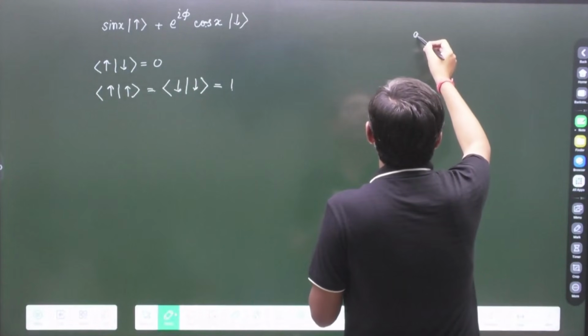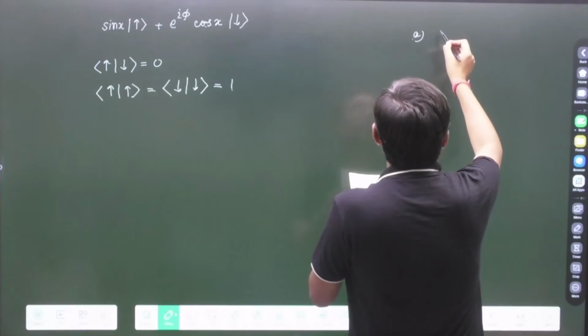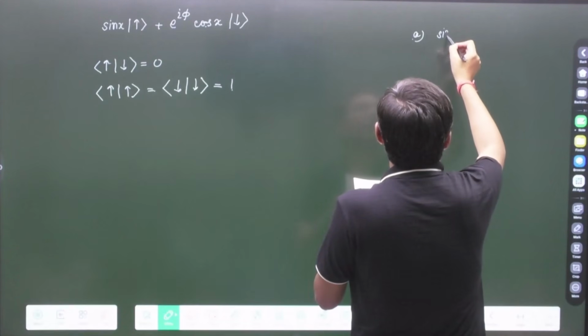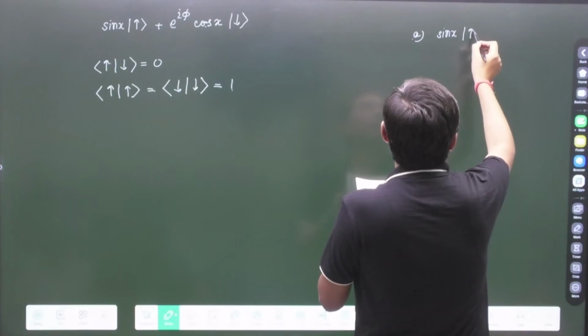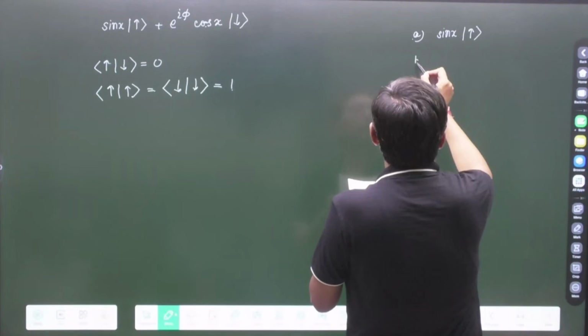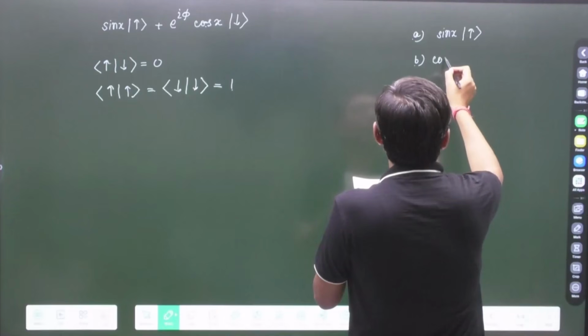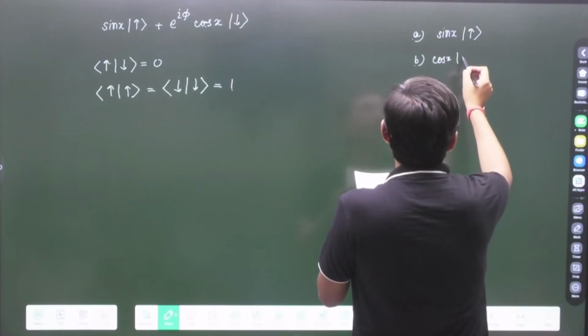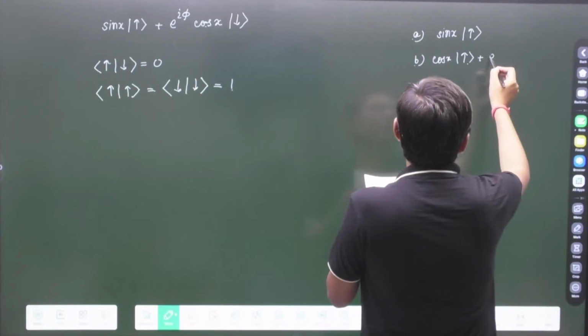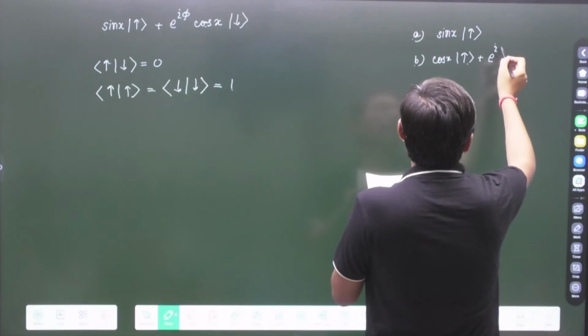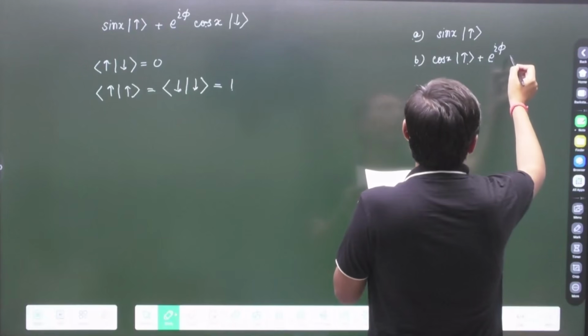Four options were given. Option A, this will be sin x. Option B, cos x plus e to the power iota phi sin x.